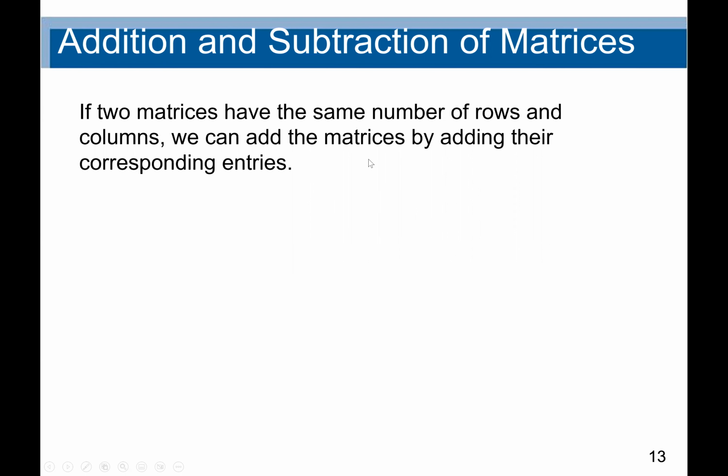So if 2 matrices have the same number of rows and also the same number of columns, then we can add or subtract the matrices by adding or subtracting their corresponding entries. So matrix A value at A11, I will add it to matrix B value at B11. The position must be the same.